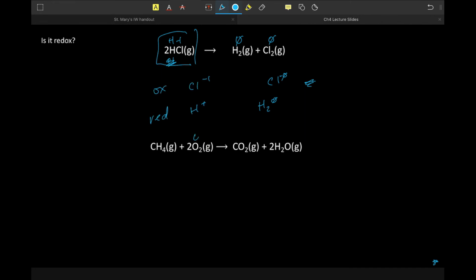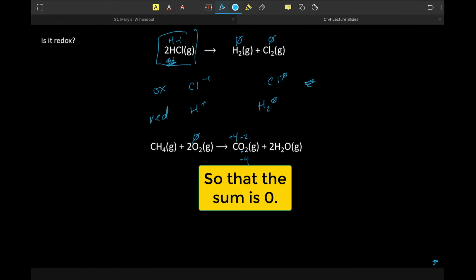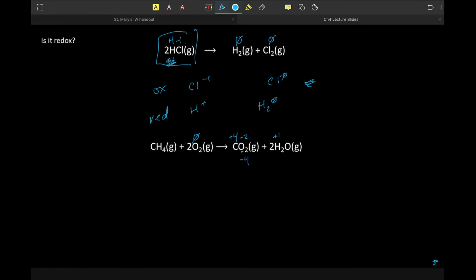Okay. Moving along, here we have oxygen element, and then applying some rules. Oxygen has a rule which says -2, which means that the total is -4, which means that carbon must be +4. Here, they both have most-of-the-time rules. So if this is +1, then we have a total of +2, which means that oxygen must be -2.